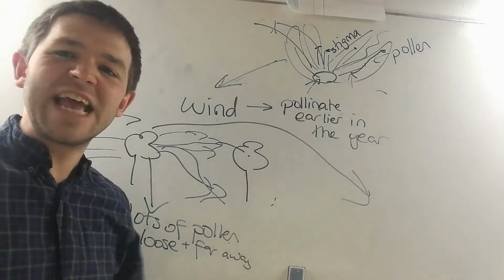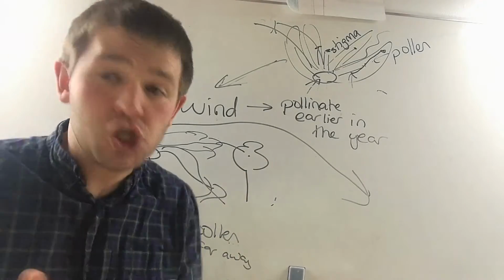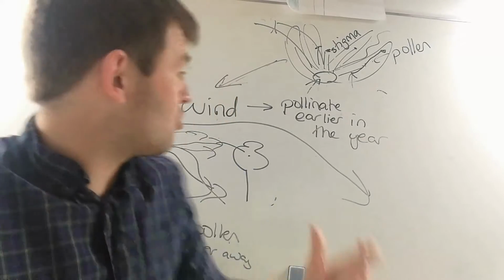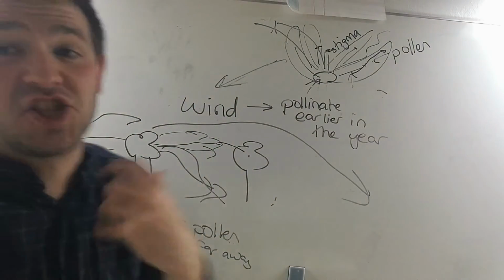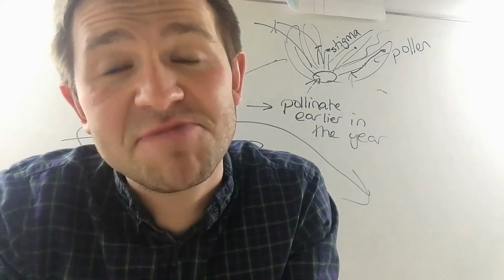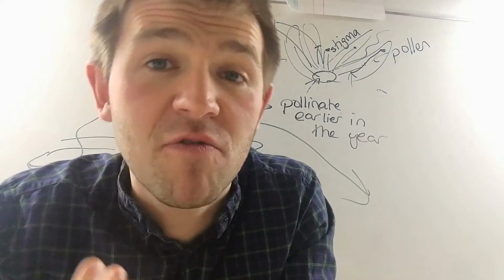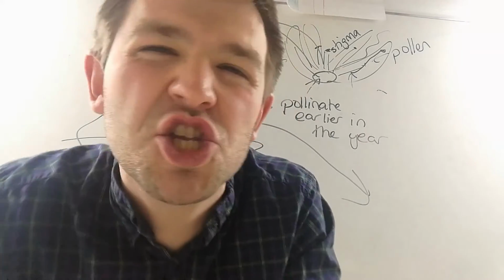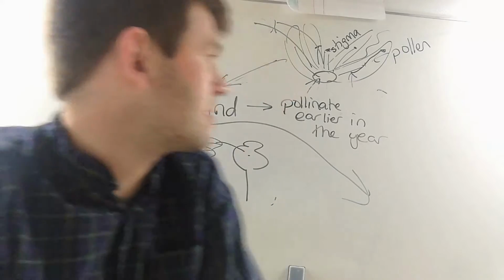Any grass, any wheat, anything that does not flower is going to pollinate with the wind. Anything that does have flowers probably is using insects, especially if those flowers are bright, beautiful, or really gorgeously smelling and has that sweet nectar inside.